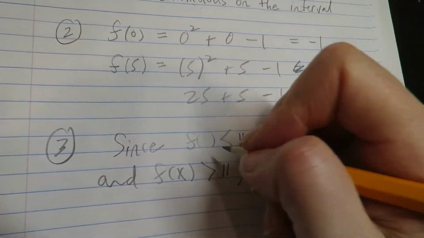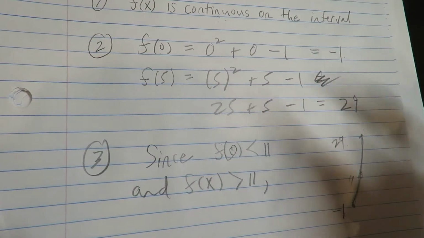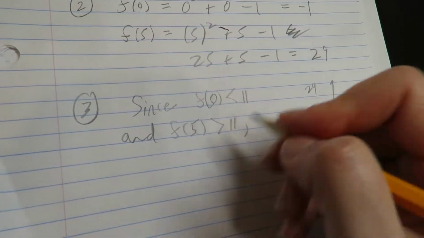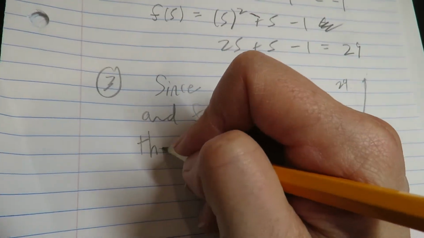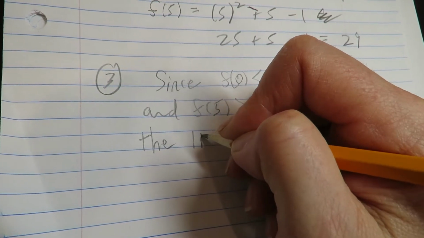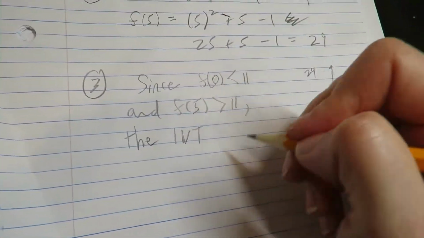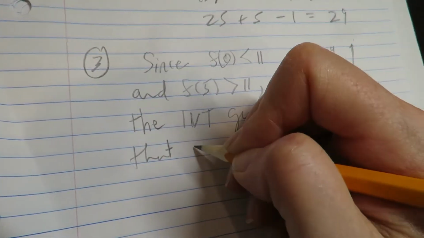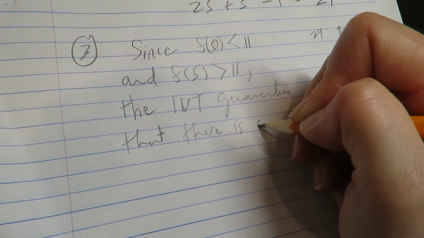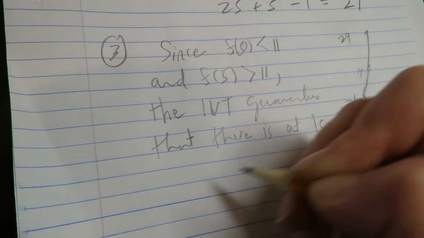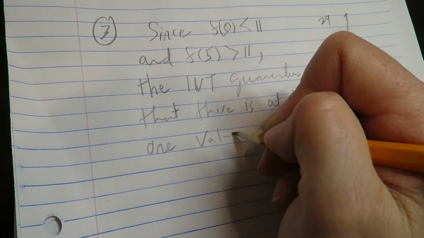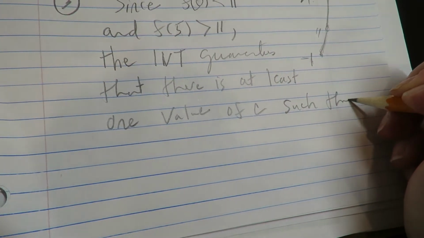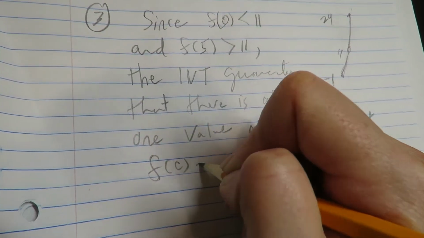All right, since f of 0 is below 11 and since f of 5 is above 11, the intermediate value theorem guarantees that there is at least one value of C such that f of C equals 11.